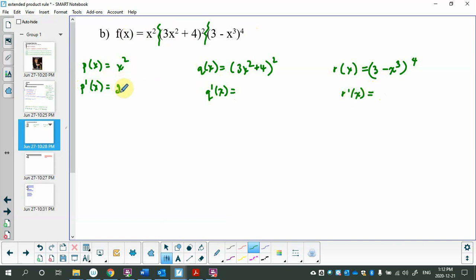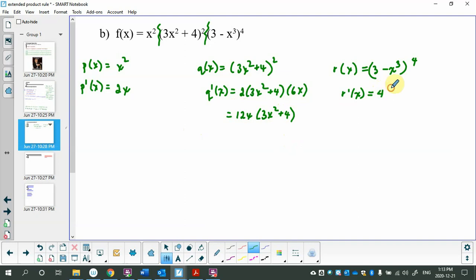So this is 2x, no power of a function. That's kind of awesome. Not so awesome. Drop the 2, keep writing, make it a 1 less, and then go inside and take the derivative of that. And the benefit to breaking it down like this is that you can clean it up and have less work, less writing in the long run.